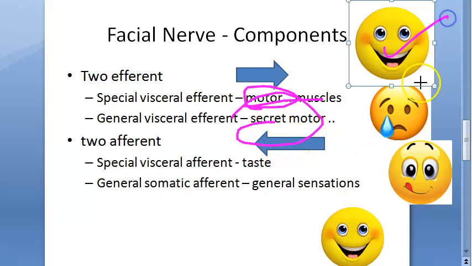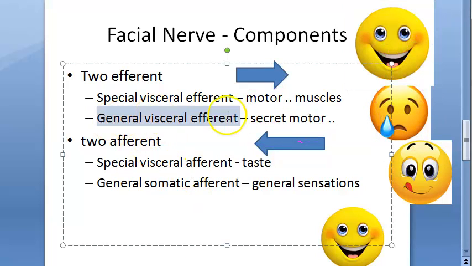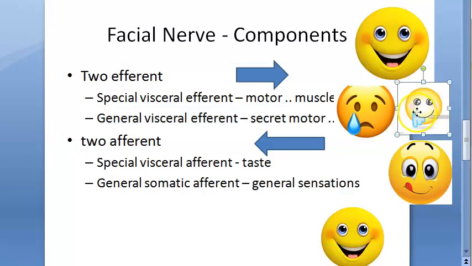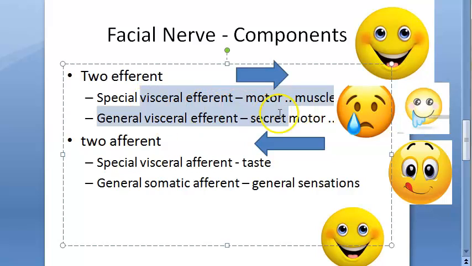Facial expressions are motor, right? You make some facial expressions, and if you're secreting tears, all that is going to be the efferent pathway. Salivation, because of the submandibular and sublingual glands, they are doing salivation with the help of the facial nerve. So these are efferent. The nerve is telling what to do, right?